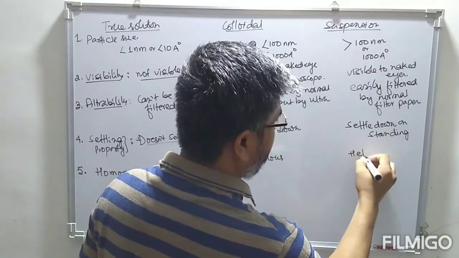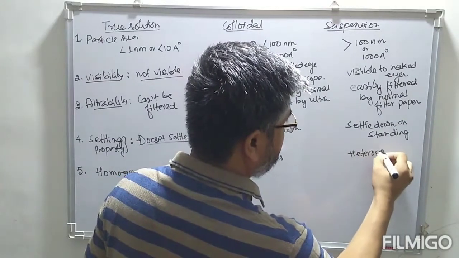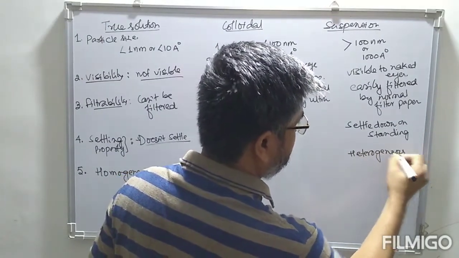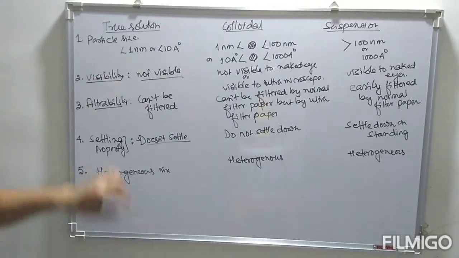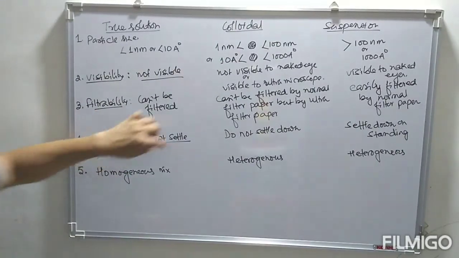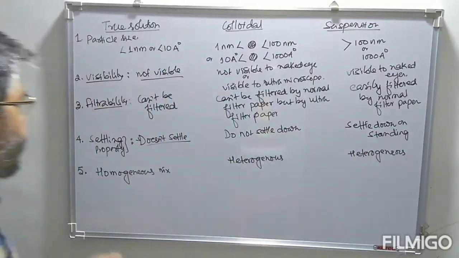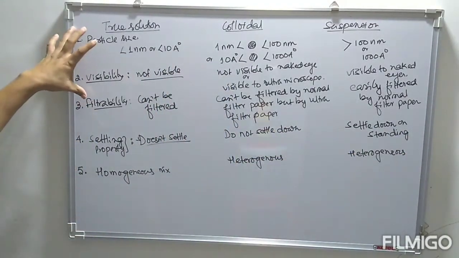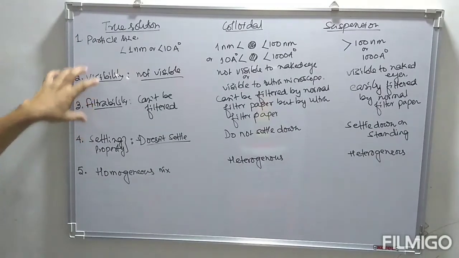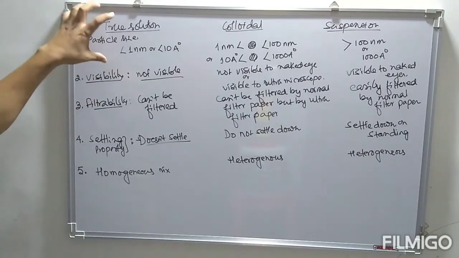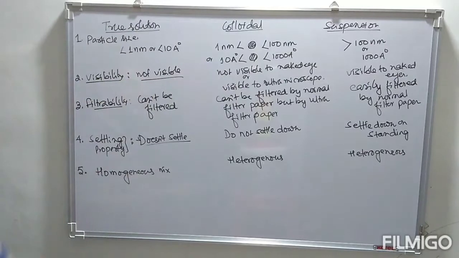Suspension is also heterogeneous. So we have a homogeneous mixture, and two heterogeneous mixtures. So these are the basic differences between these three different types of solutions.